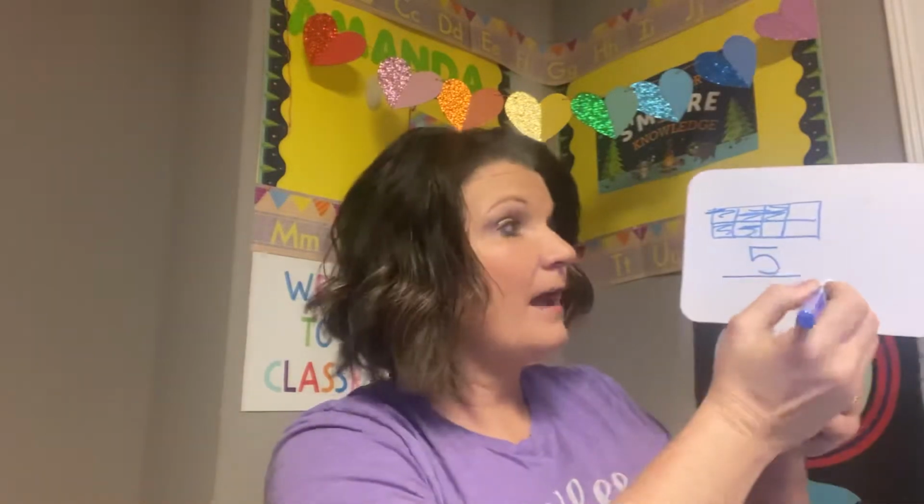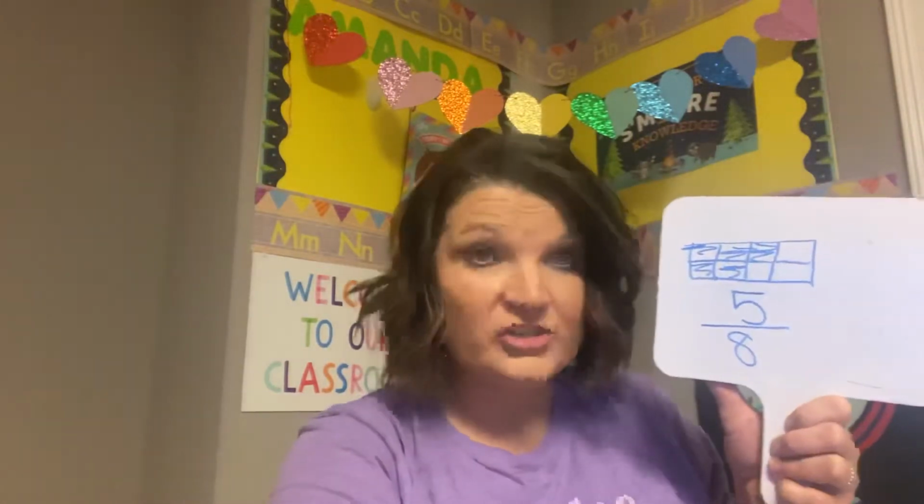And then how many were there in all? There were 8 in all. So I have eaten 5/8 of the Hershey bar. Now, if the question asks how much Hershey bar is left, then it would still be 8, but this time my numerator would be 3.